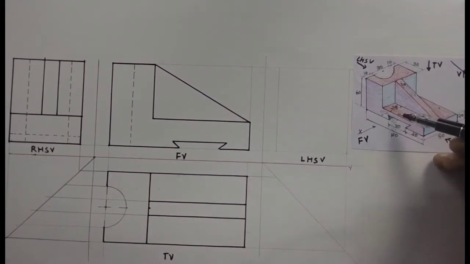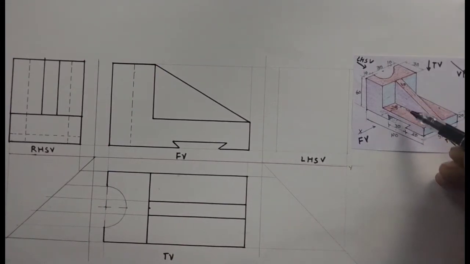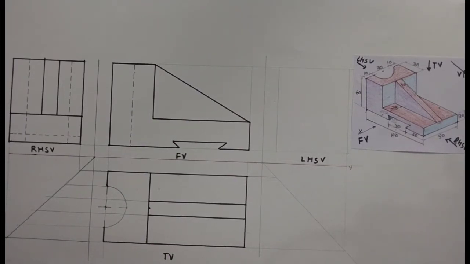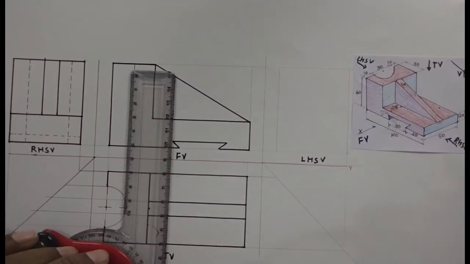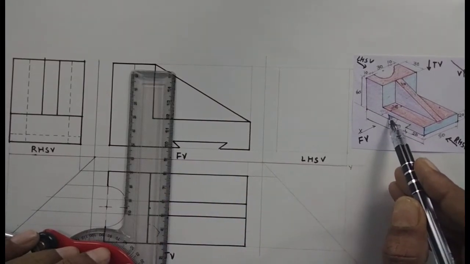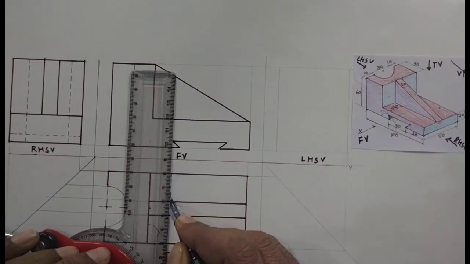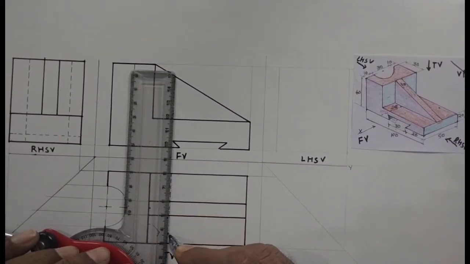In the top view also it is not visible, and in the top view it is perpendicular. So there are four dotted lines. First, this is because it is a slope, so I draw this dotted line perpendicular to the VP.